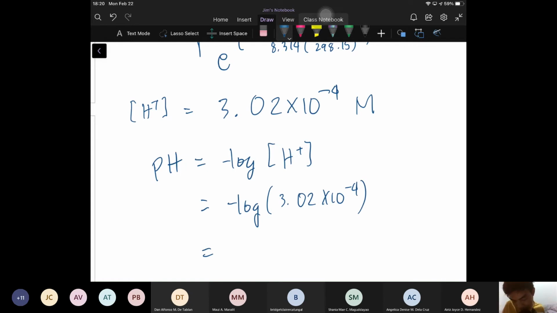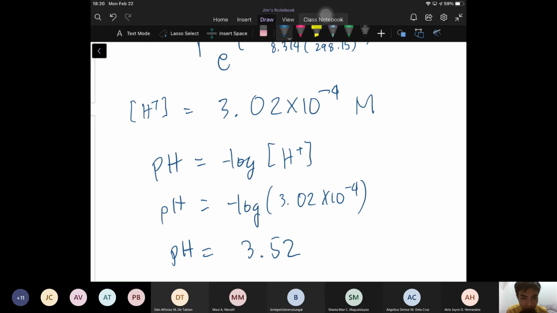So the pH of the solution is 3.52. Ganito yung nangyayari sa pH meters, no? Yung nilulubog niyo sa solution, parang may hangin sa loob. Yung hangin na yon, hydrogen gas yon. So depending on the voltage that is passed through the solution, using the Nernst equation, pwede niya malaman yung concentration ng H plus and convert it to pH. Kaya may pH meter tayo.